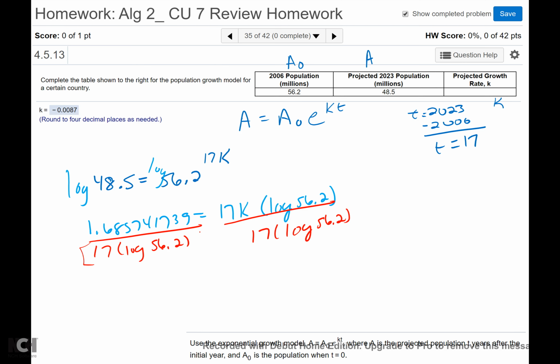You're going to have to put this bottom in an extra set of parentheses because you're doing an operation down there. So, if I take the 1.6857 and so on divided by parentheses 17 times log, open parentheses, 56.2, close it, and yeah. No.